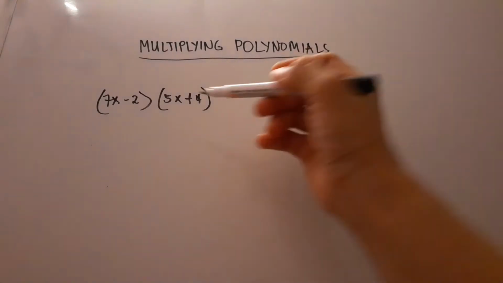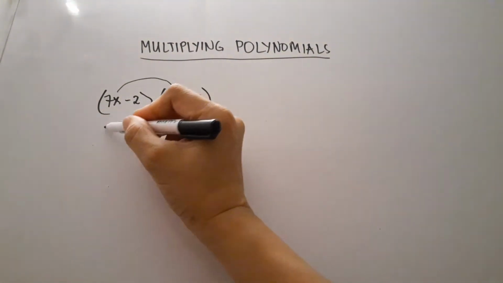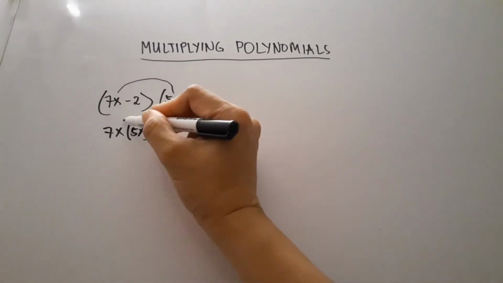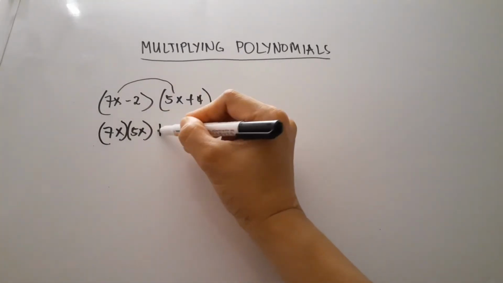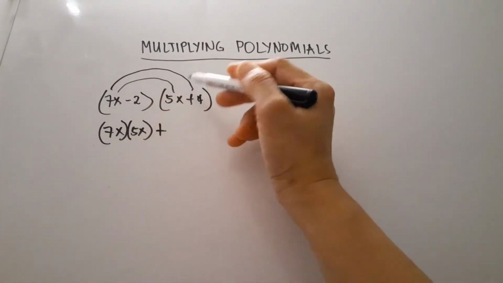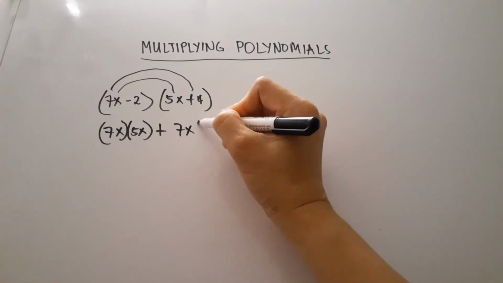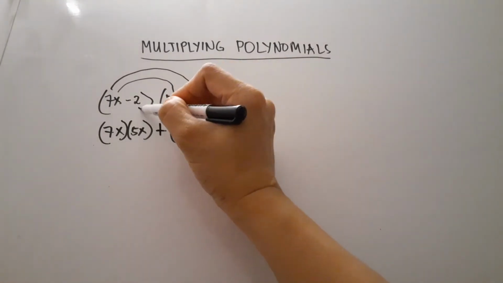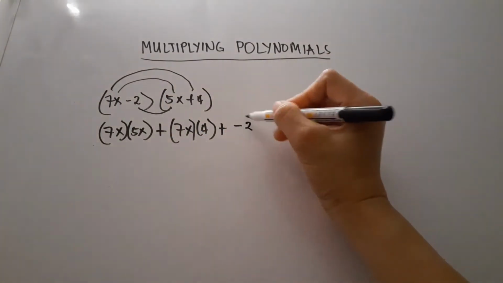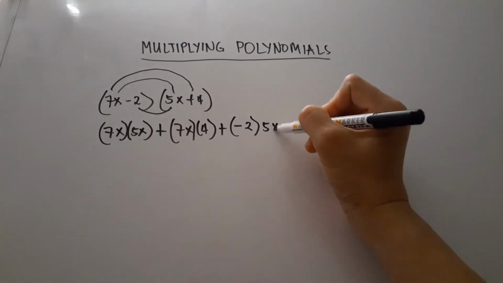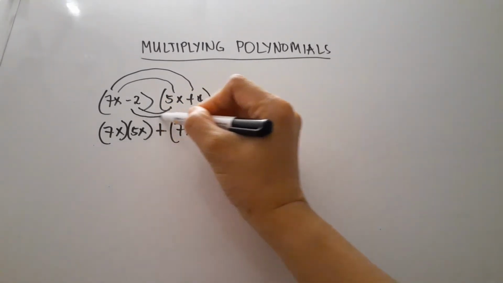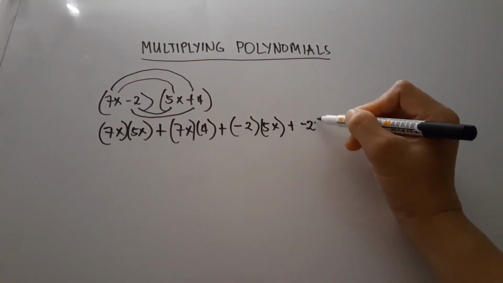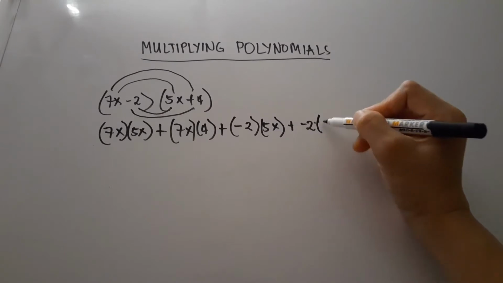So let's have another illustration where we find the product of binomials by using the FOIL method. 7x minus 2 times 5x plus 4. So 7x times 5x, this is the first. Then 7x times 4 is our outer, negative 2 times 5x is our inner, and negative 2 times positive 4 is the last.